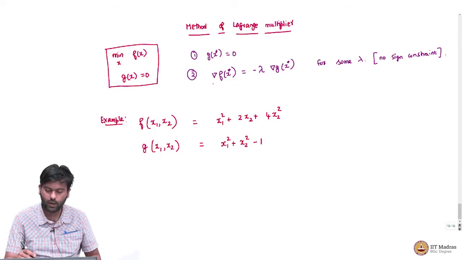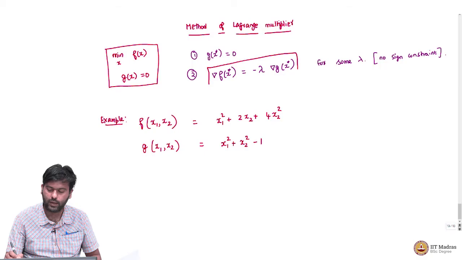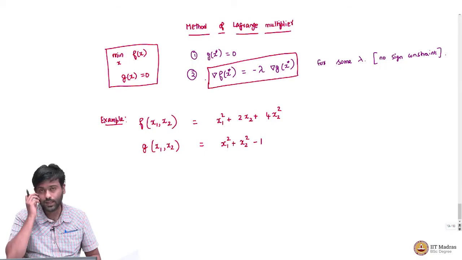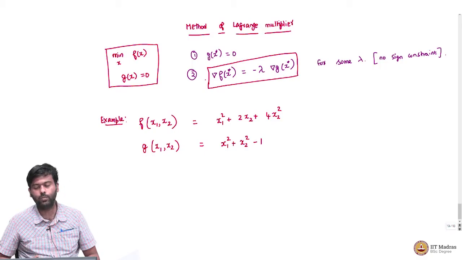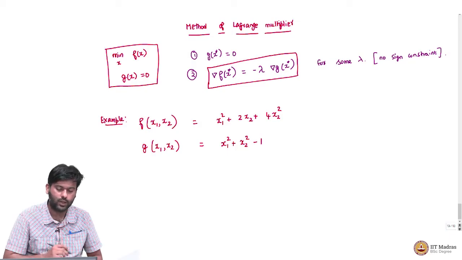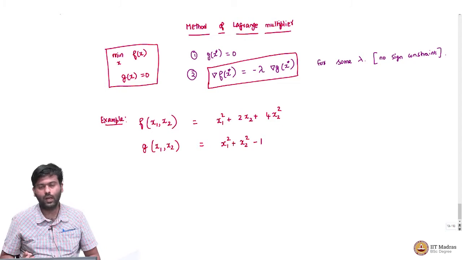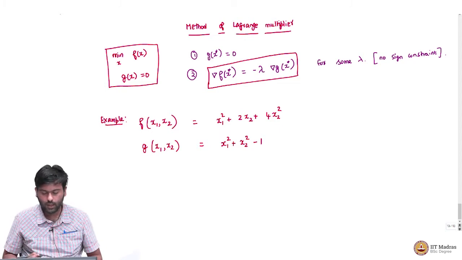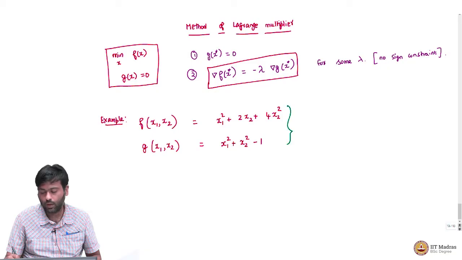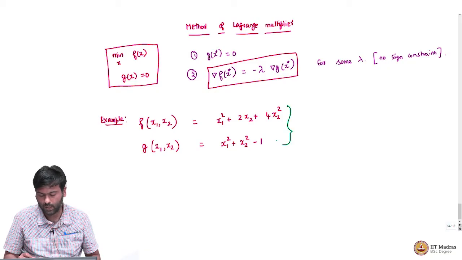Well, our Lagrange multiplier insight tells us that a necessary condition is that del f of x star should be minus lambda del g of x star. Now, how can we exploit this condition? Let us try to compute, for any x, what del f of x and del g of x are.